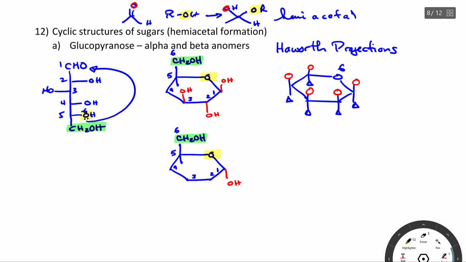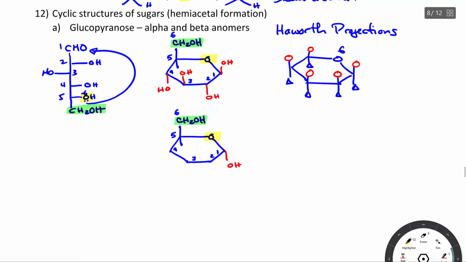And carbon number 4, I have an OH that goes down. And again, remember, on carbon number 5, the OH that was on carbon number 5 is now in the ring in yellow. So those configurations, 2, 3, and 4, don't change in these Haworth projections. These are always the same if it's glucose.